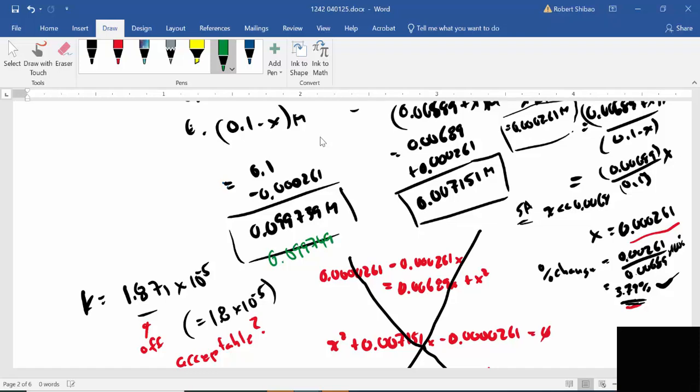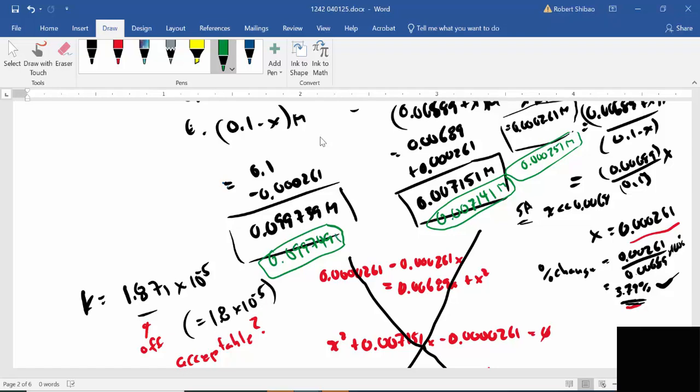The other concentration should come out to 0.007141, and this is going to come out to 0.00251 molar.